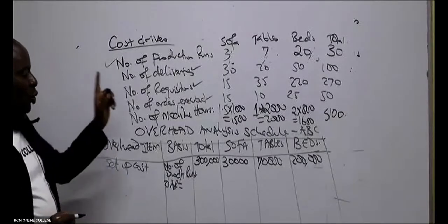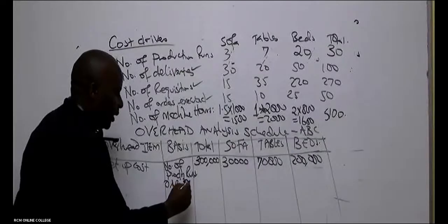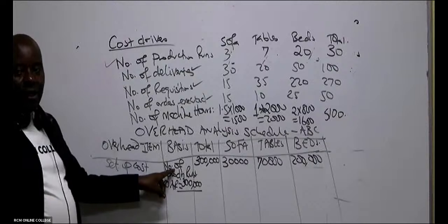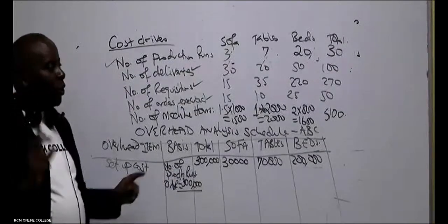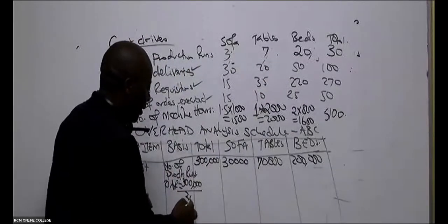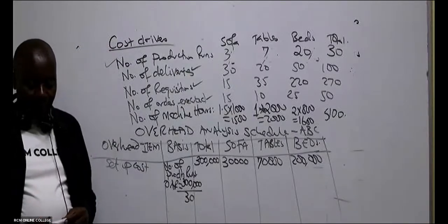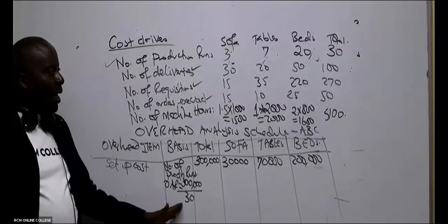Do we have the total setup cost here? 300,000, and then you divide this by the basis, which is the total number of production runs. The total is 30. So 300,000 divided by 30 will give me 10,000 per run.